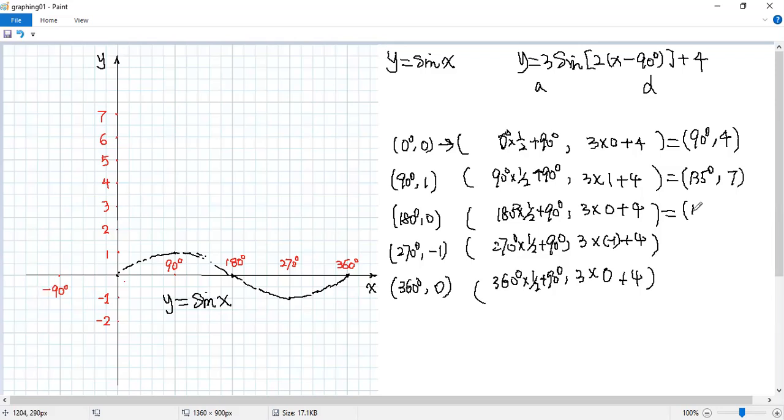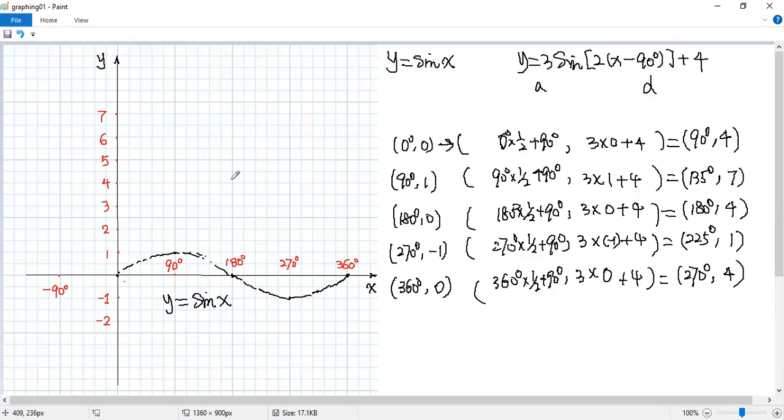Next one, 180, 4. 225, 1. 270 degree and then 4. These are the key points for the target function.